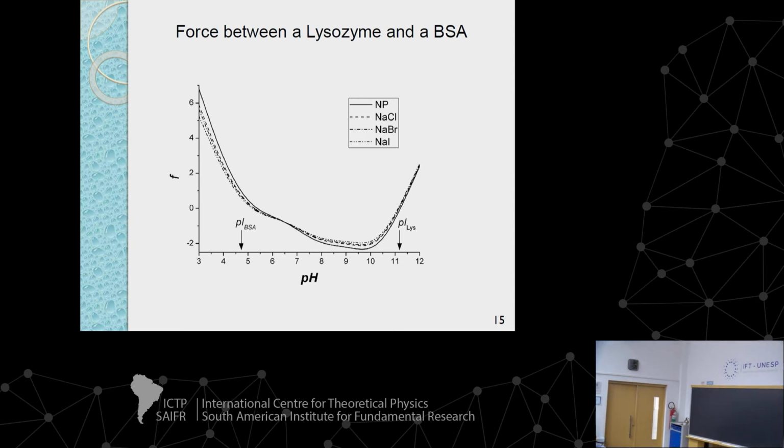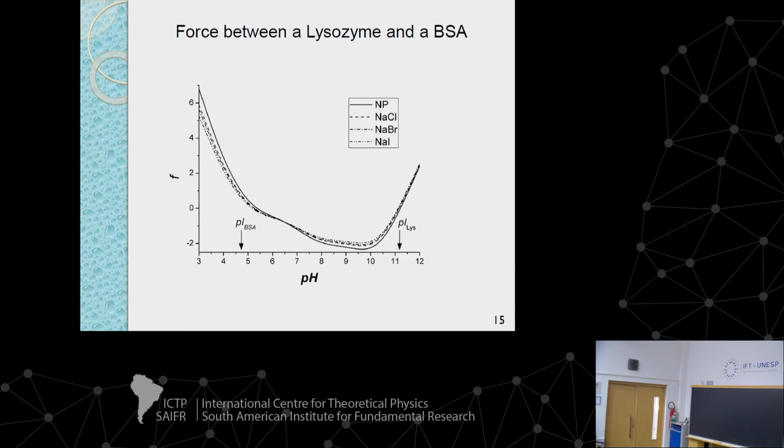Okay. So here, we can see that we have different curves for those different salts. And if we have, for example, only one protein, for example, lysozyme, the inversion of Hofmeister series usually happens around the isoelectric point.